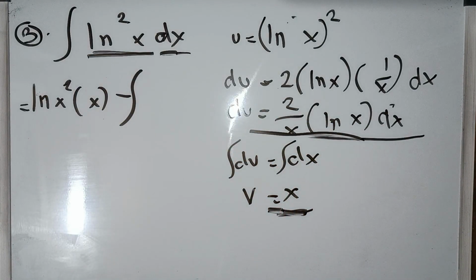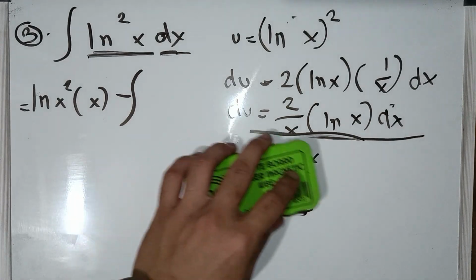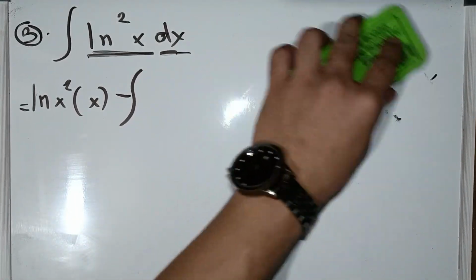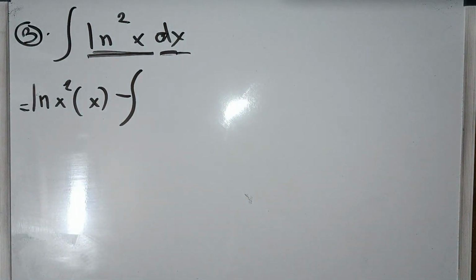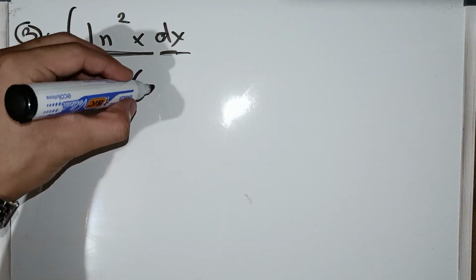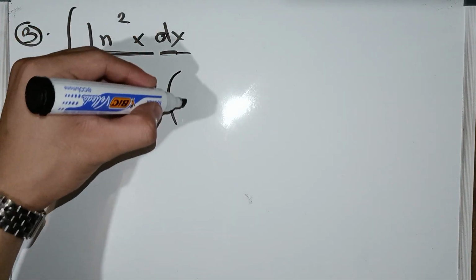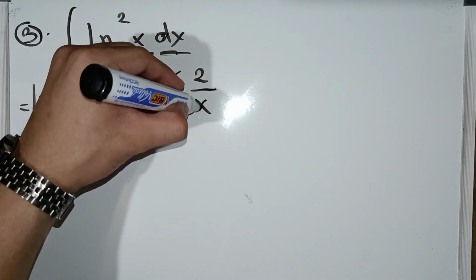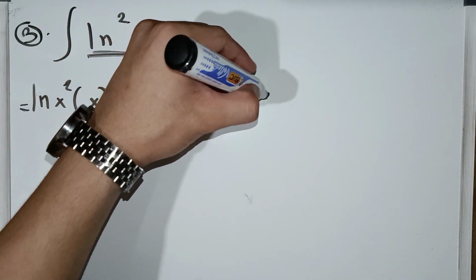So let's erase this first. That is now equal to x multiplied by 2 over x ln x dx.